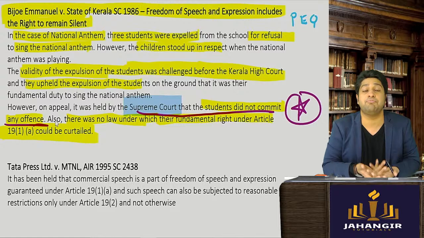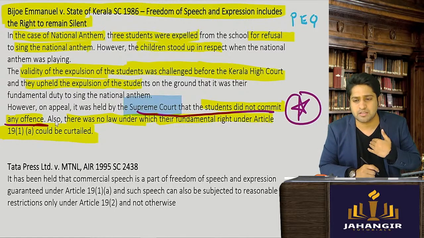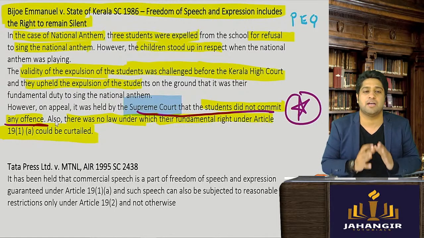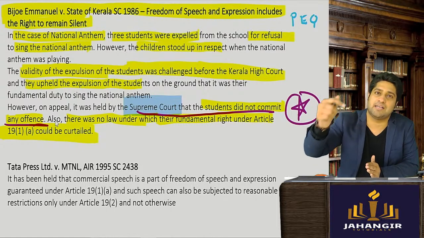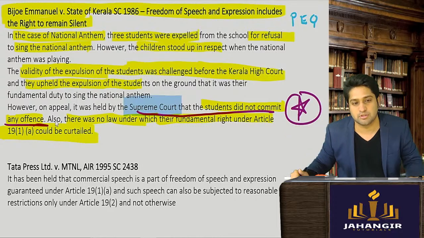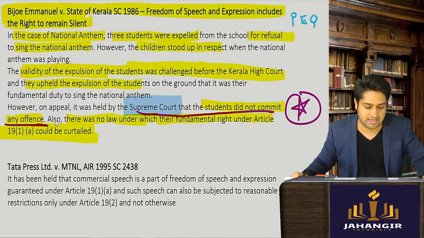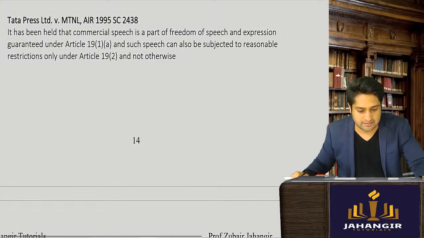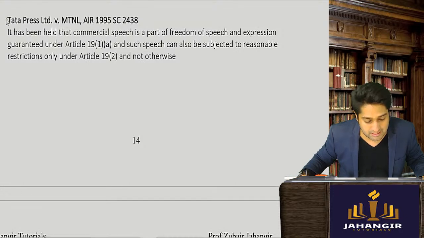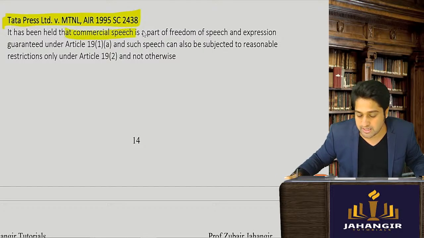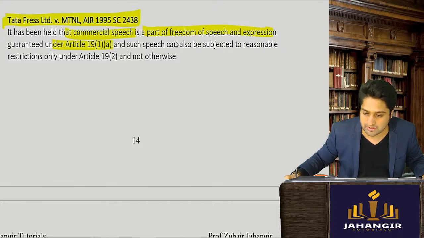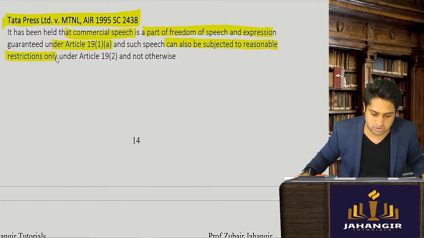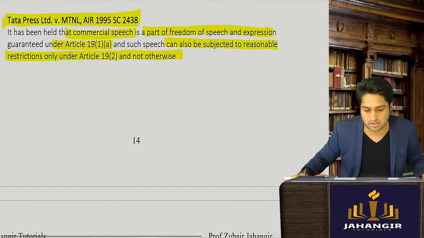So sometimes if before the police officer they are asking me certain questions, I have a right to remain silent, and that will also come under Article 19(1)(a) of speech and expression. So I can choose not to speak also. That's also my right. Then, Tata Press versus MTNL, it has been held that commercial speech is a part of freedom of speech and expression guaranteed under 19(1)(a) and can also be subjected to reasonable restriction, only under Article 19(2) and not otherwise.